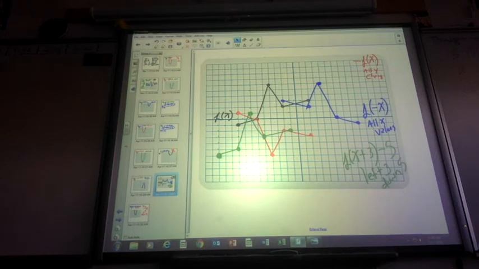We ran a LAN cable to the other projector, so everything taught up here would be projected on the board back there as well. We used to have 60 students in Algebra 1, 4 rows of 15 students. One teacher would be up front teaching, and the other teacher would be walking around.